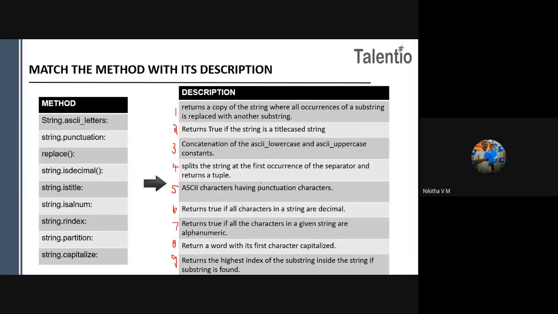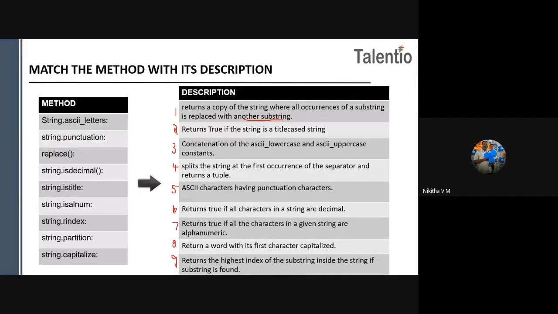So fifth one, what is it saying? ASCII characters having punctuation characters. Right? All the punctuation characters will be printed. Okay. How about replace? Option 1, yes. So what's given in option 1? Returns copy of a string where all occurrences of a substring is replaced with another string. That's right.